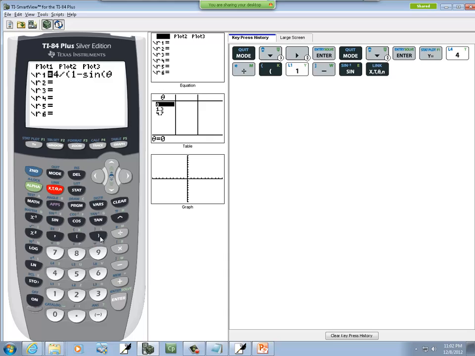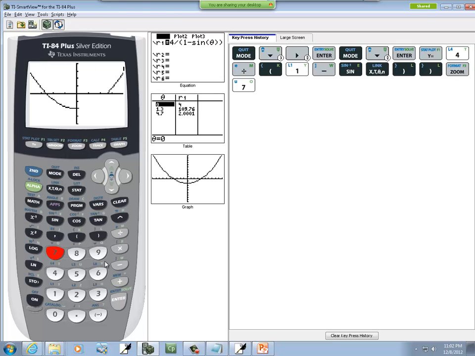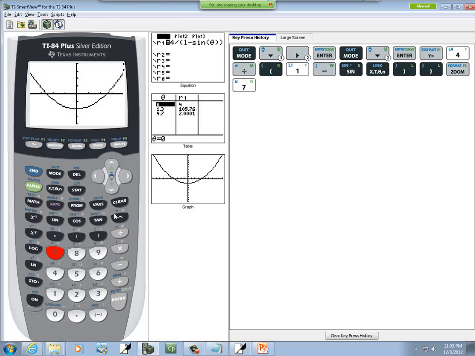You can put a closing parenthesis on the sine and a closing parenthesis on the denominator if you want. TI-83, TI-84 doesn't need them at the very end. And if I press zoom and choose ZTrig, number 7, that's how we can get the graph on the calculator. It gives the same one that we got here.